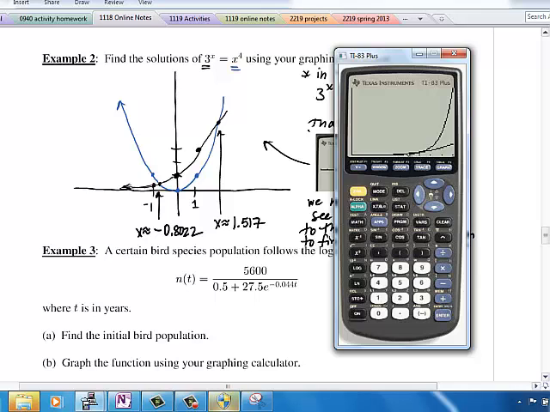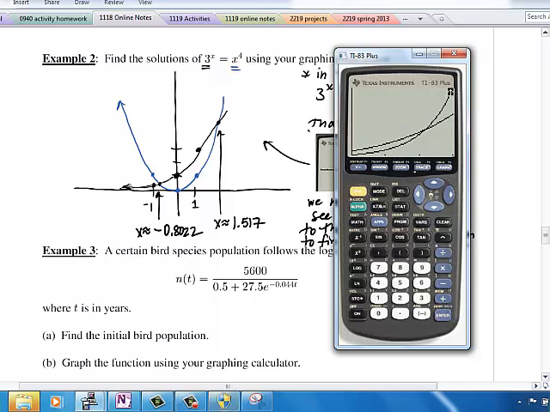So I'm going to change my window so that instead of 1 to 10, we're maybe like, I don't know, 5 to 8. So let's do 5 to 8, and then a zoom fit. And then we can see it pretty well.